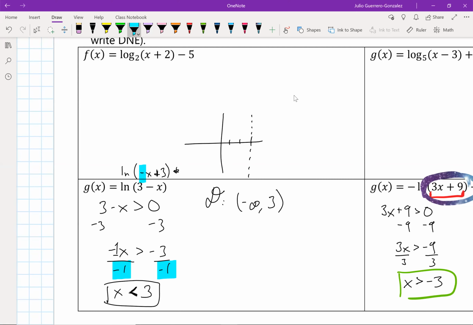And because of this negative, we know it's doing something like this. Where is this point right here? Oh, +3? Uh-uh.